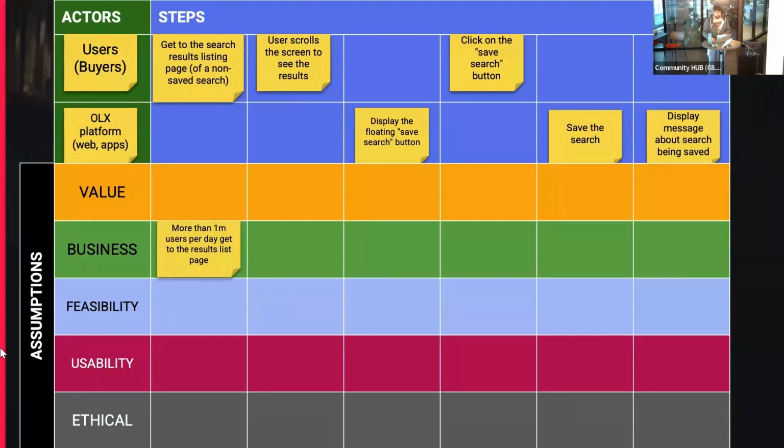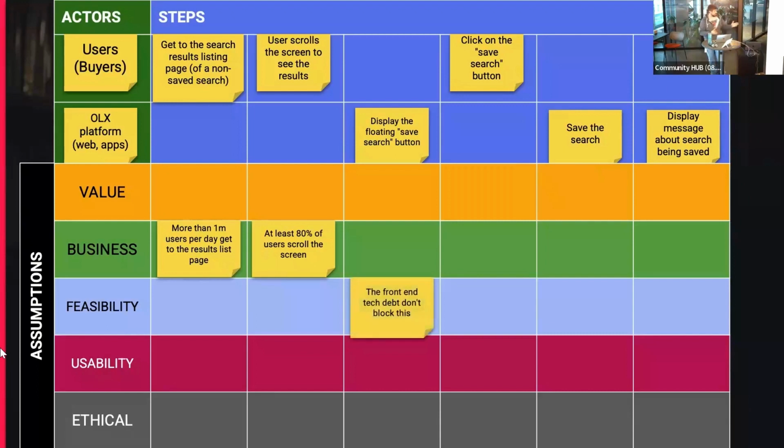All right. Users scroll the screen to see the results. At least 80% of users scroll the screen. Again, this was a business assumption because if people are not doing this en masse, this will not be worth our effort. Then display the floating button.